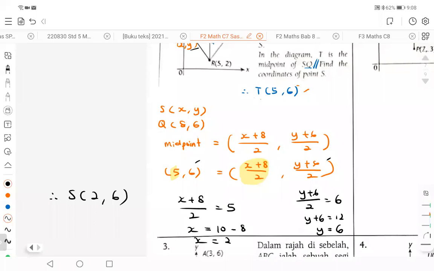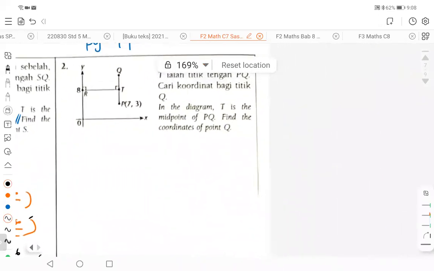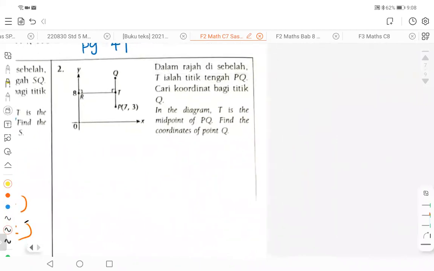Okay, then try number 2. Number 2 is the same. What is the coordinate of point T? Type in the chat box.